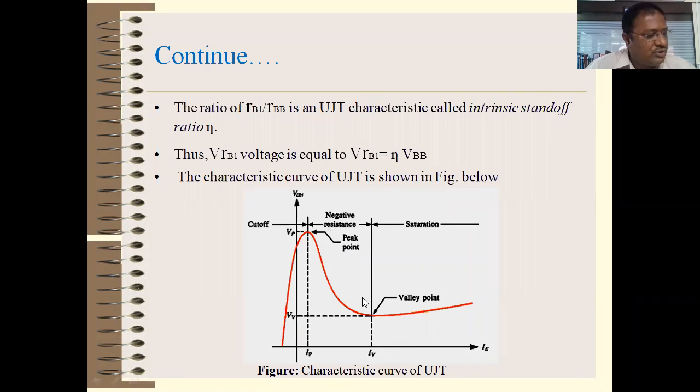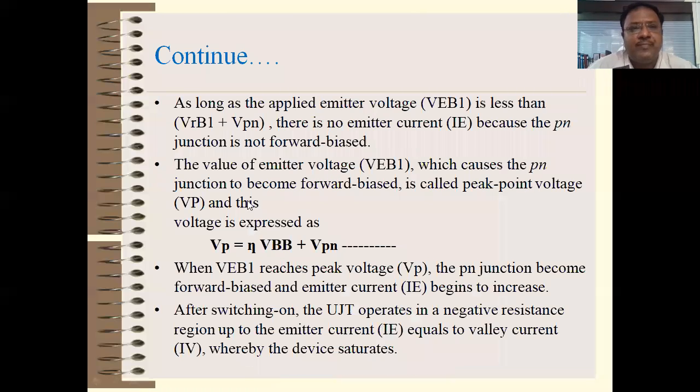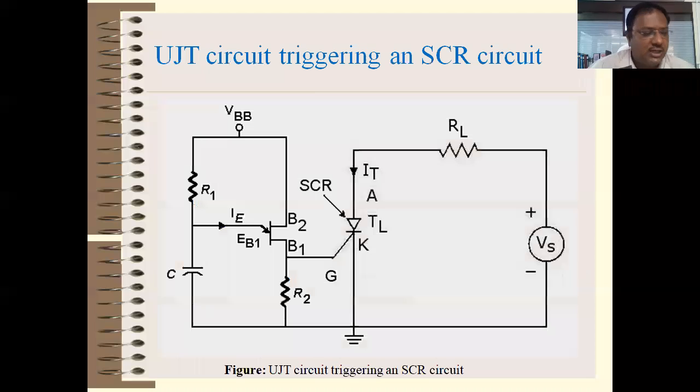Okay. So the voltage that is required to turn on the UJT is equal to VRB1 plus VPN. In this particular circuit, the capacitor C charges through R1. Whenever the voltage across this capacitor is greater than VRB1 plus VPN, the emitter current flows and breaks the junction, and your device turns on.